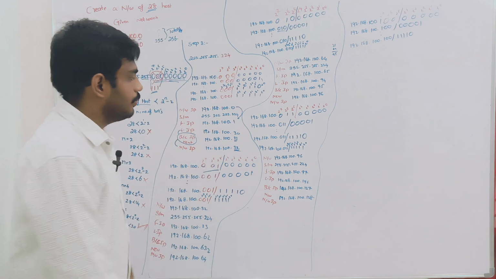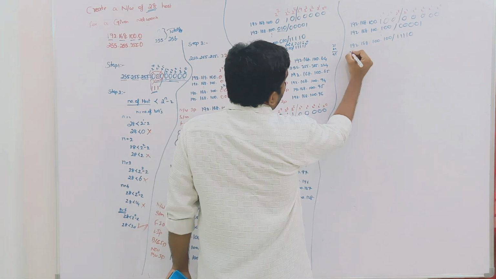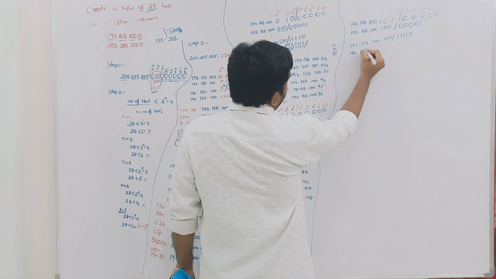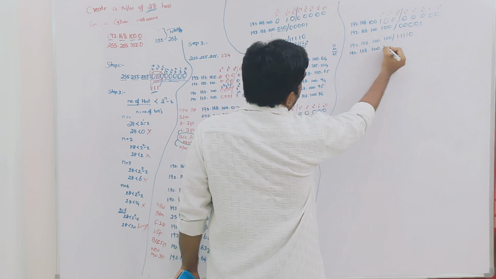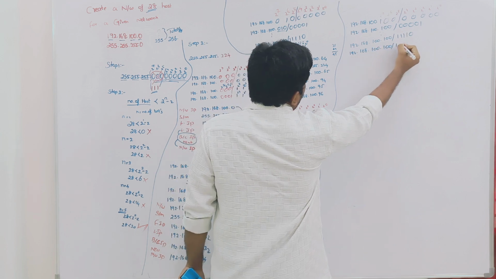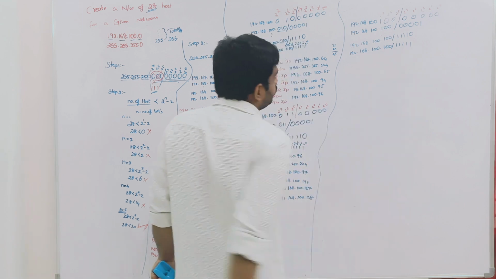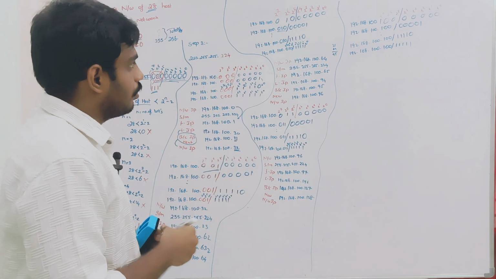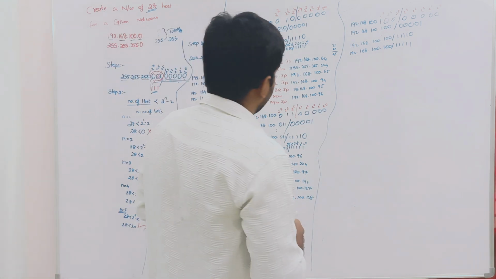This is your last IP, and the broadcast IP will be 192.168.100.100 slash 11111.